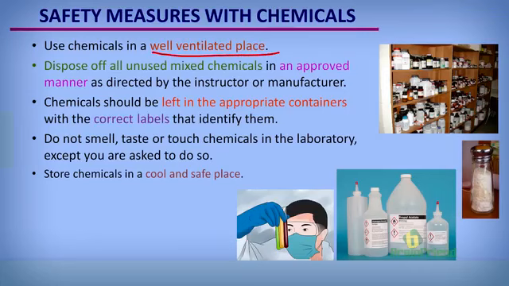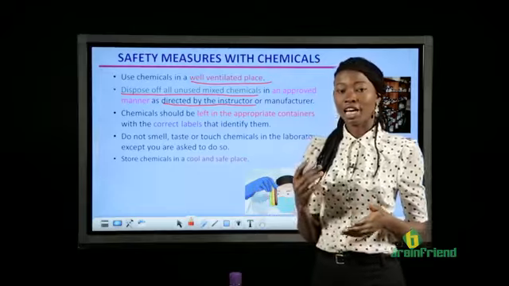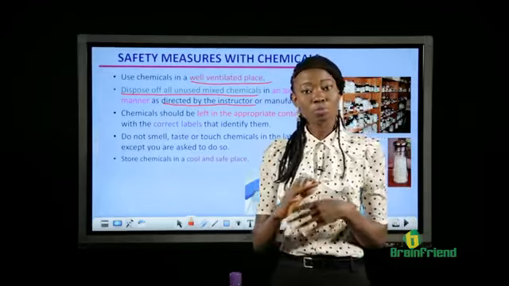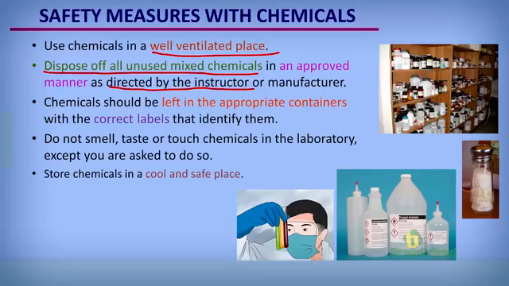After mixing chemicals to be used, ensure to dispose of all unused mixed chemicals in the appropriate manner or as directed by the instructor. So when using chemicals in the laboratory, ensure to dispose all unused mixed chemicals in the approved manner. Chemicals should be left in the appropriate containers with the correct labels that identify them.